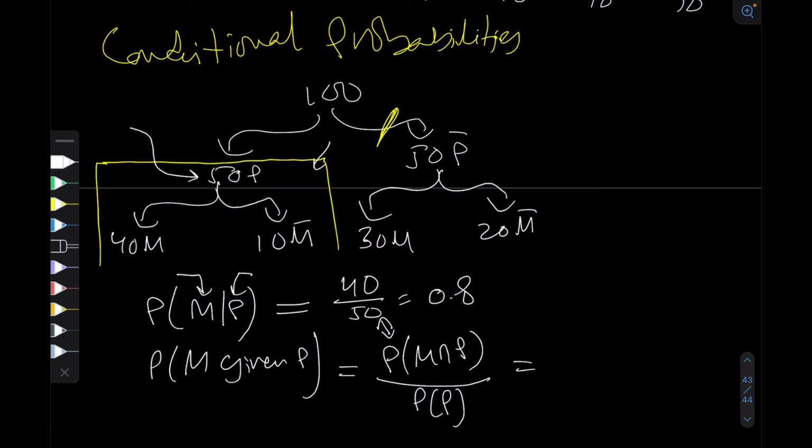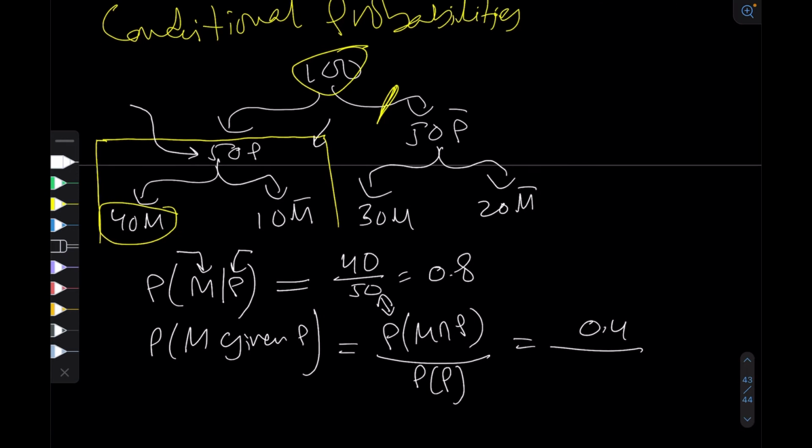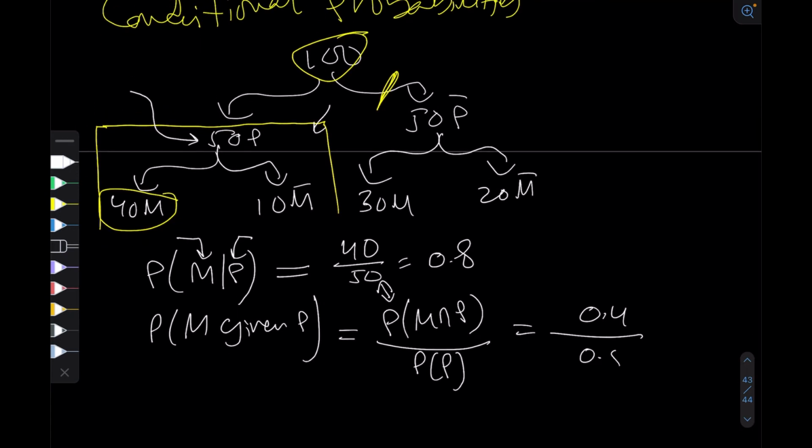So it's 0.5 times 0.4, and then the probability of just physics would be... this would be 0.4, because 40 out of the 100 students took math, so the probability of choosing a math and physics is 0.4, and then choosing just a physics is 0.5, so this is also 0.8.